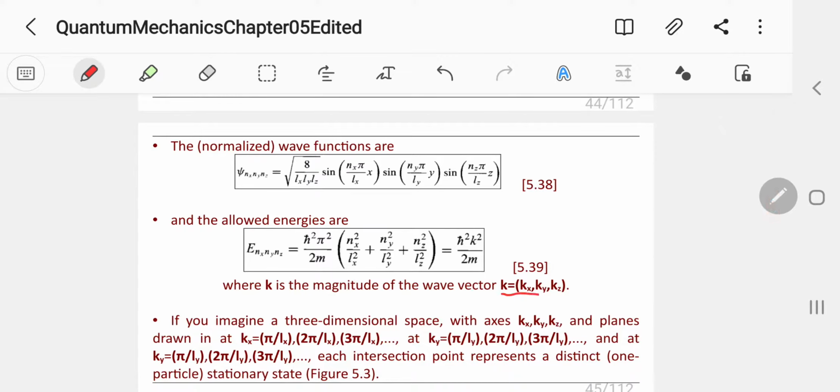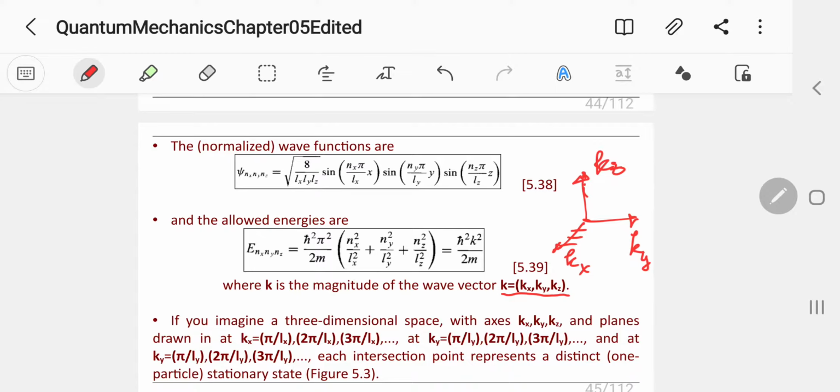this one here. So if you could imagine that in a three-dimensional space with kx as the axis, ky and kz, and the coordinates in kx is divided in such a way that the first k would be pi over lx, and the next one is 2 pi over lx.